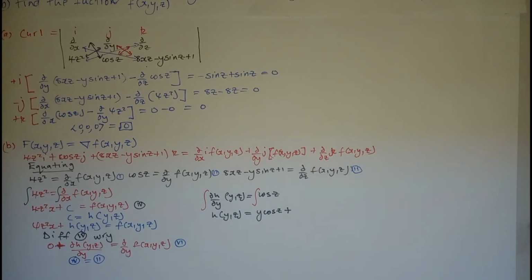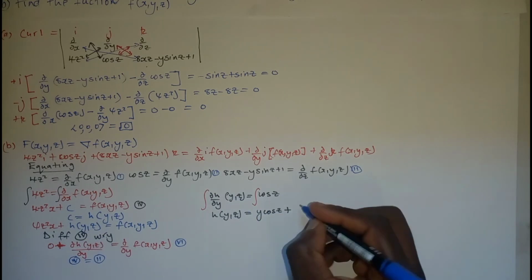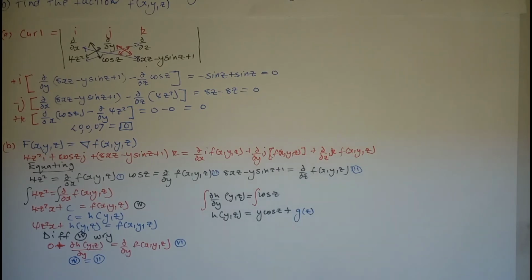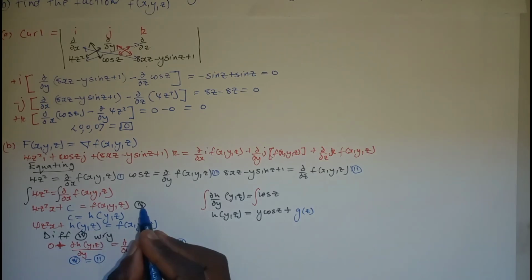We said the constant, when you differentiate this whole function with respect to x, consists of y z terms. So in this case, this function only has z terms, so it's going to be g of z. That is going to be the constant. Now let's write equation number 4.